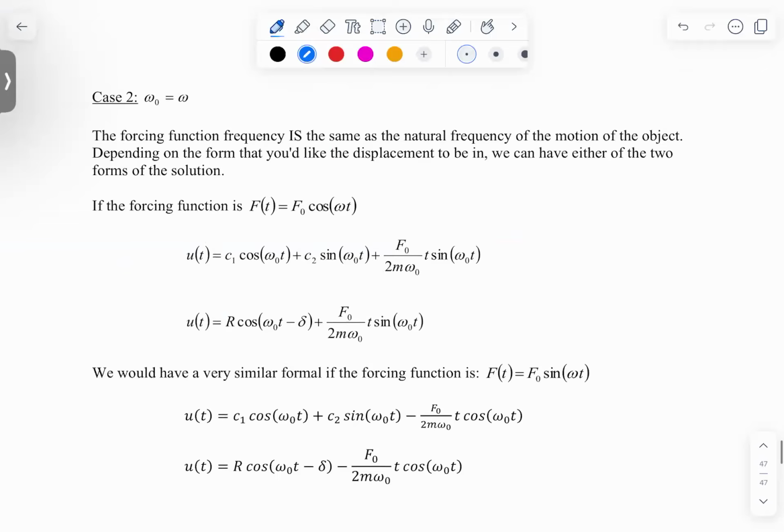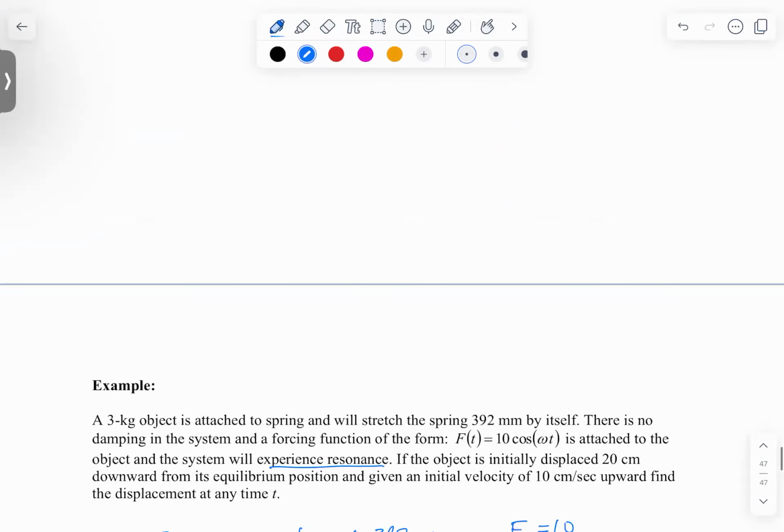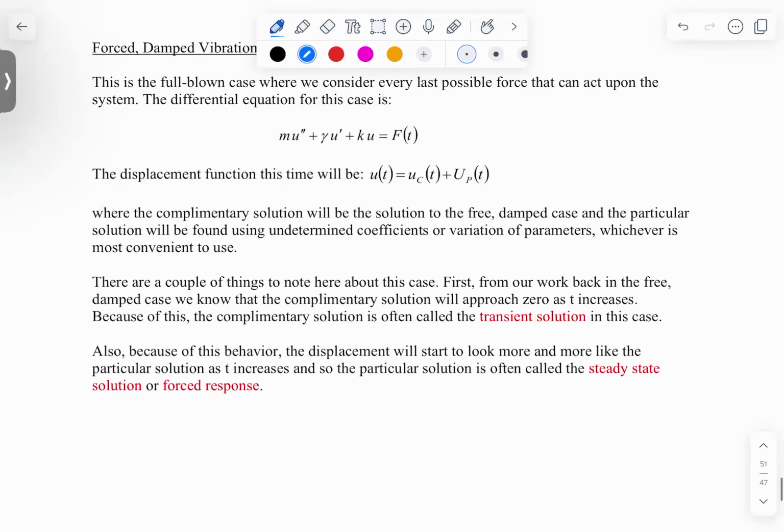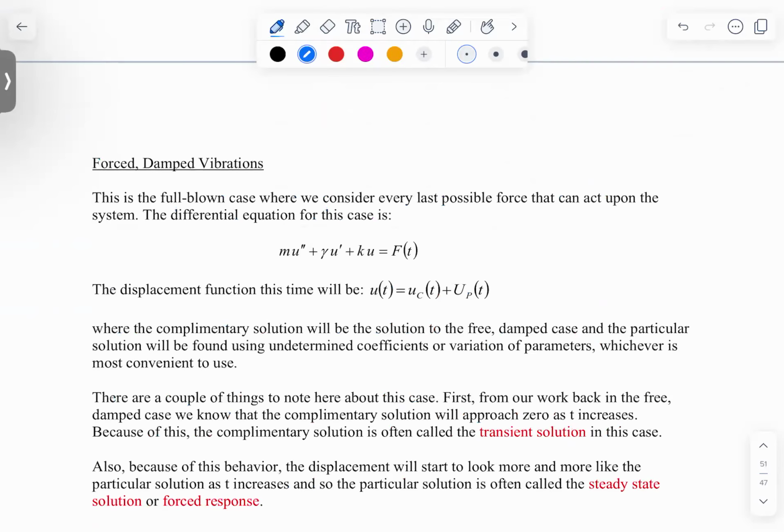We're still only going to look at sines and cosines with forcing functions, but you need to solve this with a complementary solution and undetermined coefficients or variation of parameters, in order to actually solve this down. There is no shortcut here.